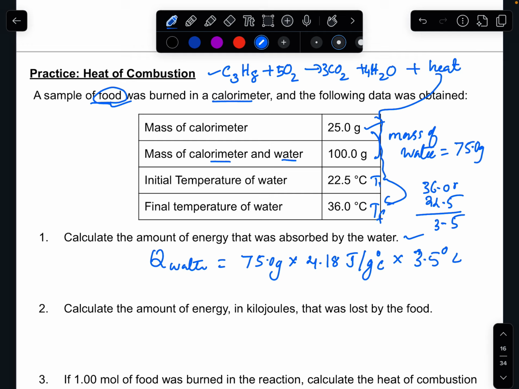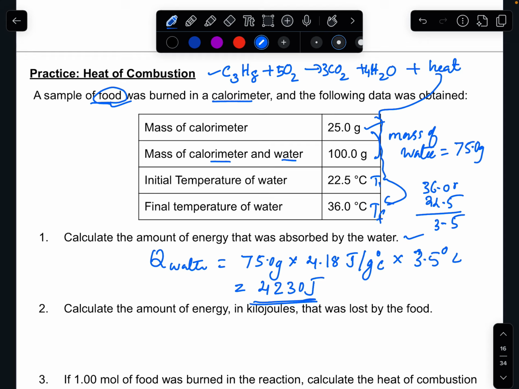Okay, now get to the calculator and you have to calculate. You will get 4,230 joules. That much heat is gained by the water.